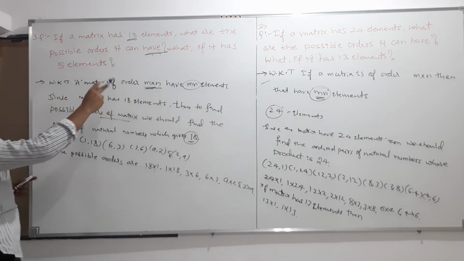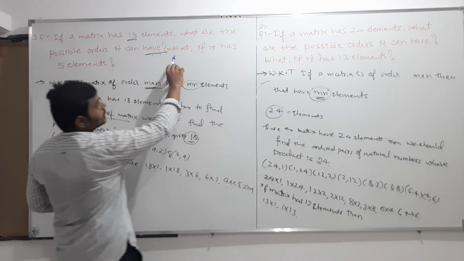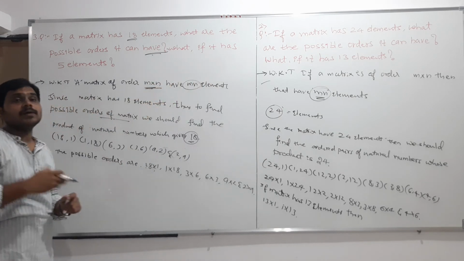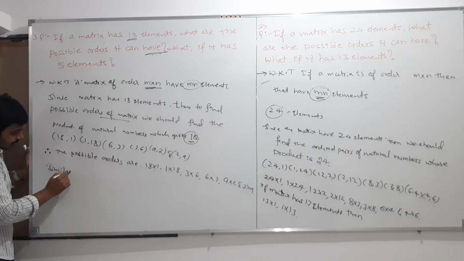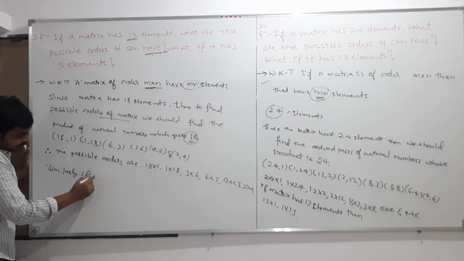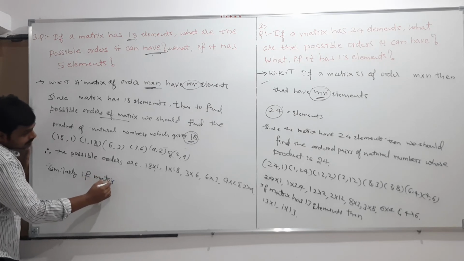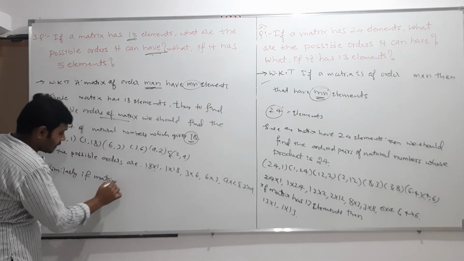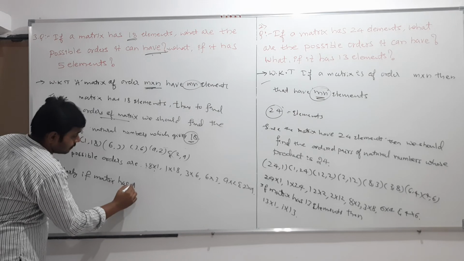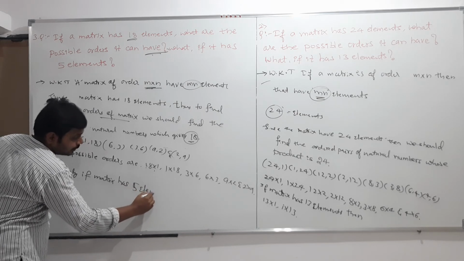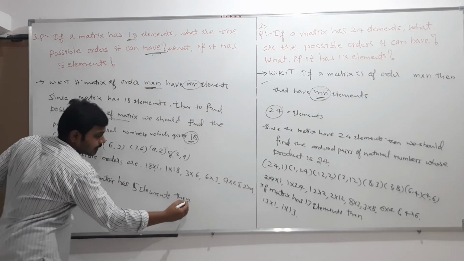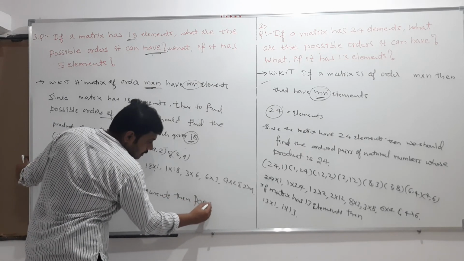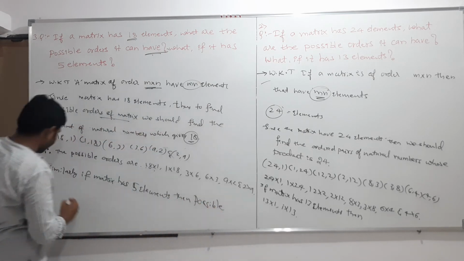And next, with this question they have also given to you, what if it has 5 elements? Similarly, if a matrix has 5 elements, then what are the possible orders?